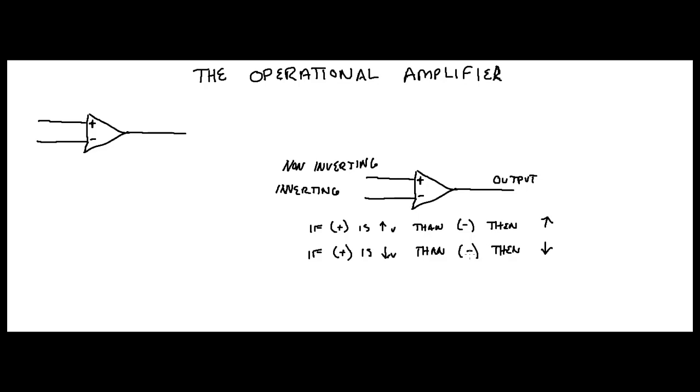So if you think about it, using common sense, if your plus is higher than your minus, it's going to go high. If the plus input is below your minus, it's going to go low. Alright? That's one way to remember it.